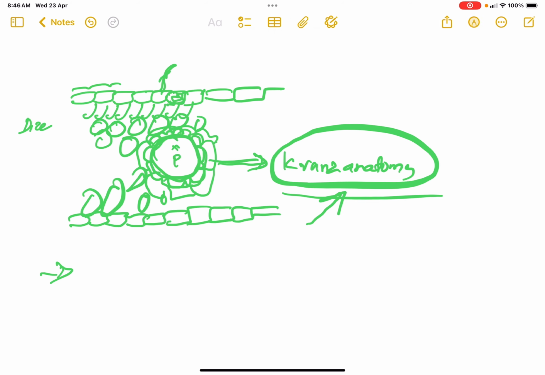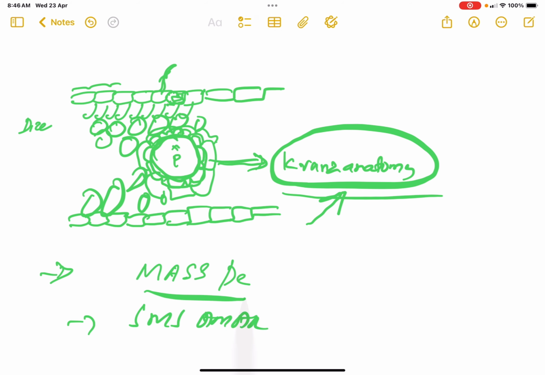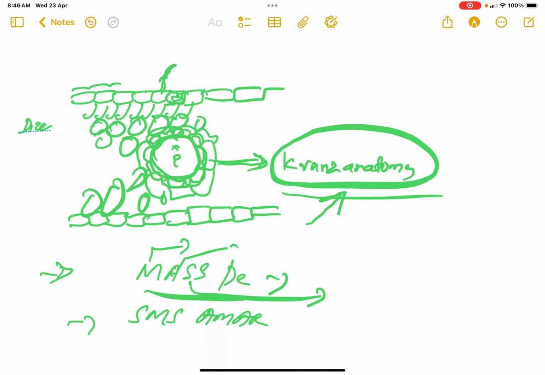There is a code to remember the plants which show Kranz anatomy: MASPE, and another code, SMS AMAR. MASPE means M for maize, A for amaranthus, S for sugarcane, another S for sorghum, and PE for pennisetum, the bajra.